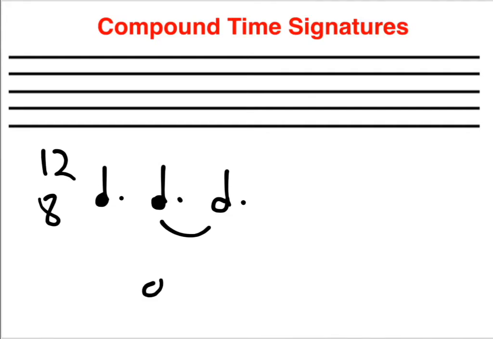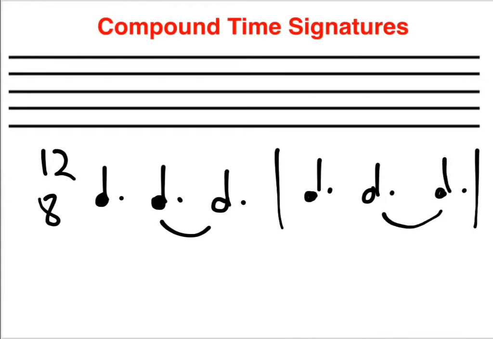In the other examples, we saw the dotted minim come first, tied to the dotted crotchet. I wonder if you can guess why we do it this way in 12/8 and not like this, dotted crotchet, then a dotted minim tied to a dotted crotchet. So why do you think this way is correct but this way is wrong?